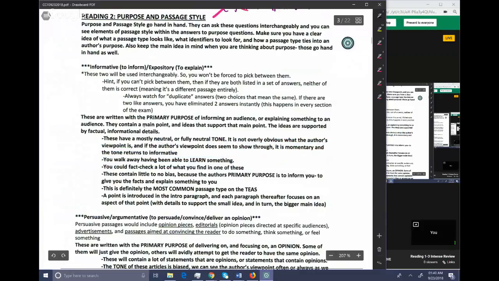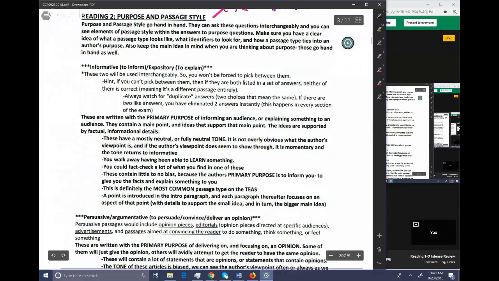Definitely, if you have no idea what I'm talking about, check out that passage. Because you'll see that one is the least obvious persuasive of probably anything that I ever gave you. The reason it's persuasive is because 2 of the answers are terrible, and then the 2 that remain are persuasive and informative. There's nothing you got informed of.